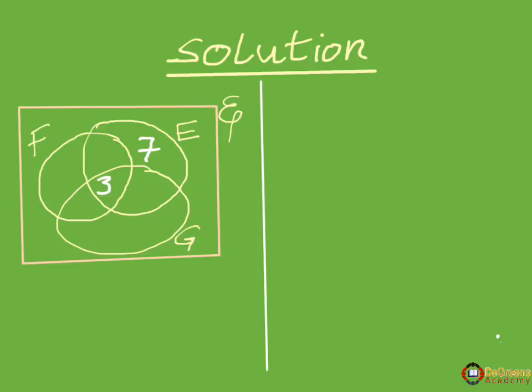And here you are told 9 studied French and German. So French and German, you follow the circles. Discover that the circle for French and that of German will intersect. And 3 plus 6 gives 9. Since we have already had 3, studying all 3 languages, the other region, where we study French and German only, will contain 6, making 3 plus 6 equal 9.